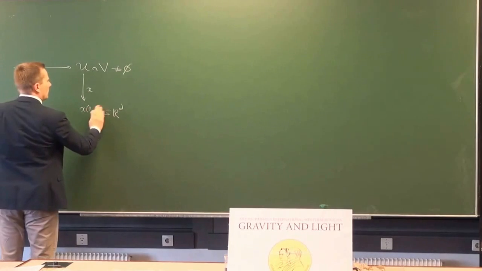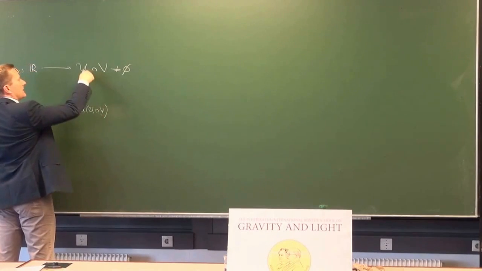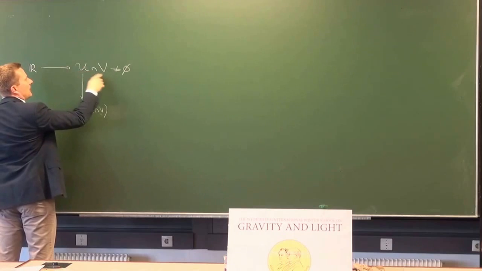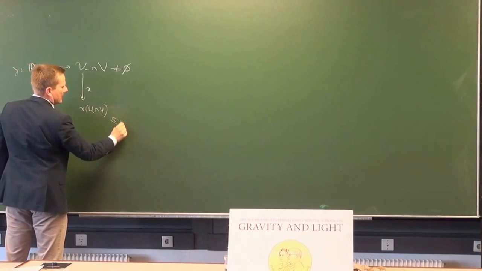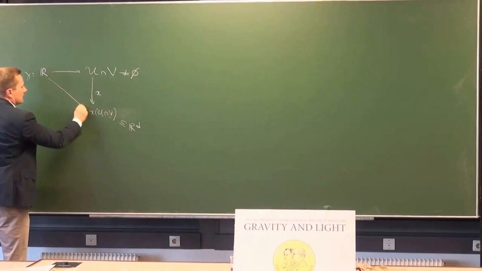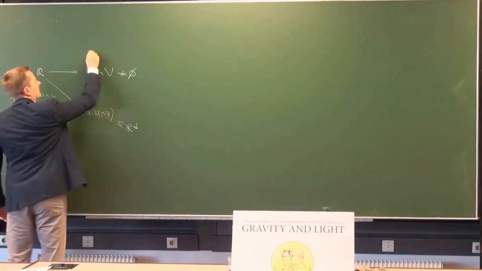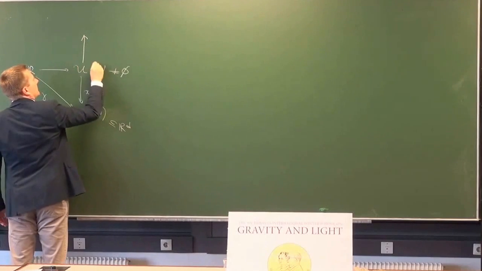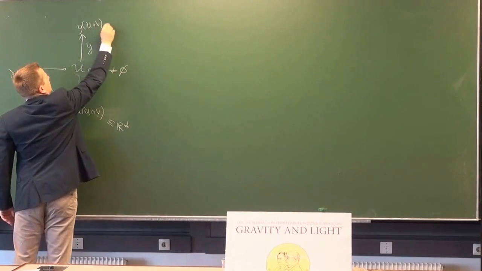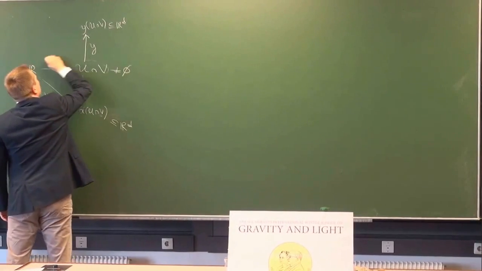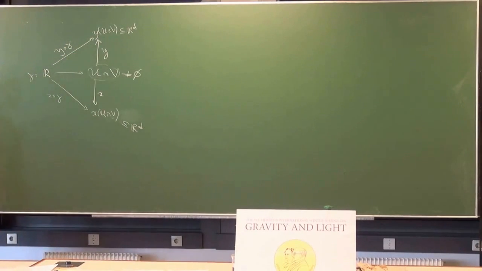So that means we look only at the non-empty overlap region, but then because U is part of the overlap, you can of course still use the x to map here. This will still lie in R^D, and on this part you have x after gamma. Now another chart on this entire overlap region using y gives you y of U intersected V in R^D, and you have another chart map y after gamma.